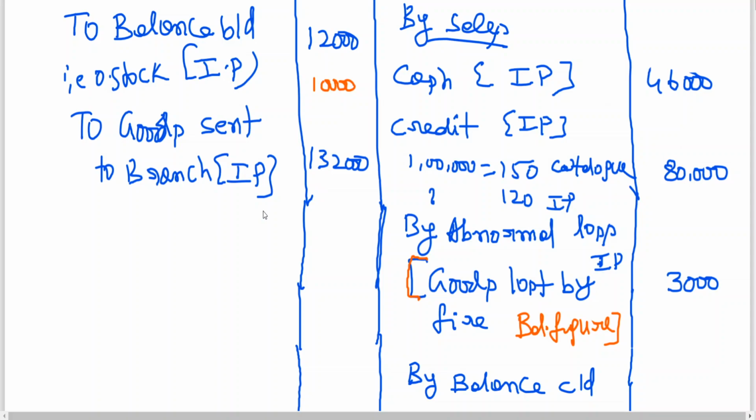1,32,000 is equal to 120. 100 how much? You got 1,10,000, no? That we have done already in the trading account.